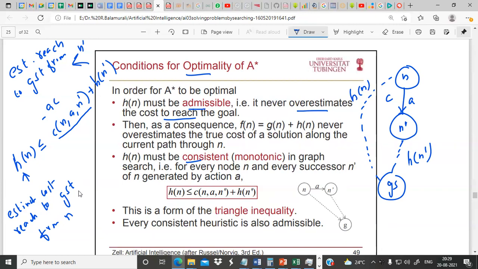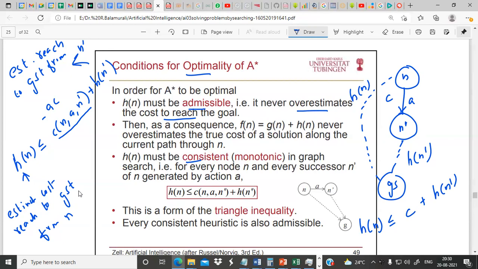Now what does this equation say? This h of n value should be less than or equal to this cost. This is the actual cost, plus h of n dash. If it satisfies this condition, then it is a consistent heuristic.